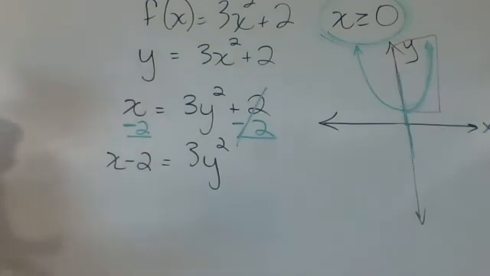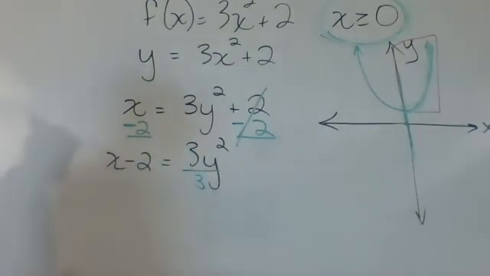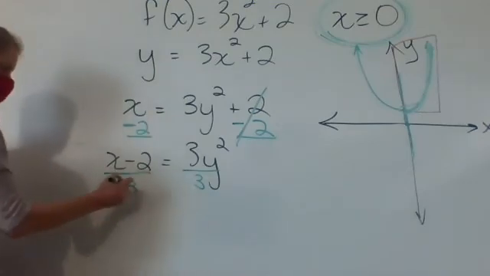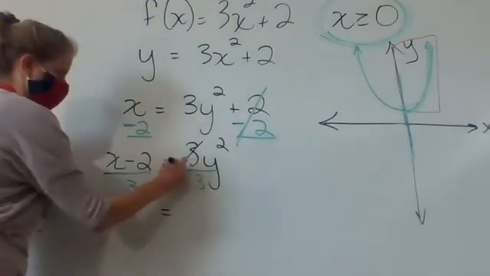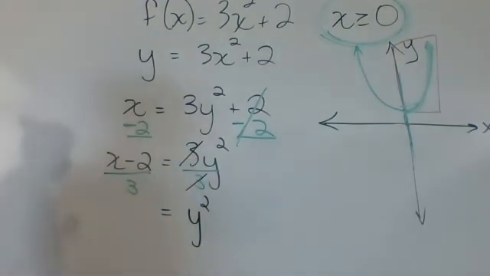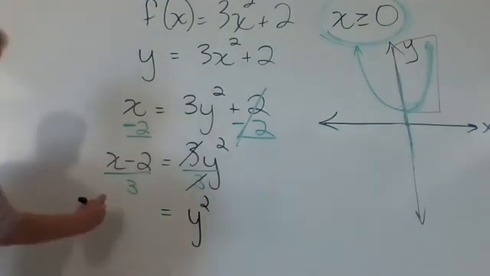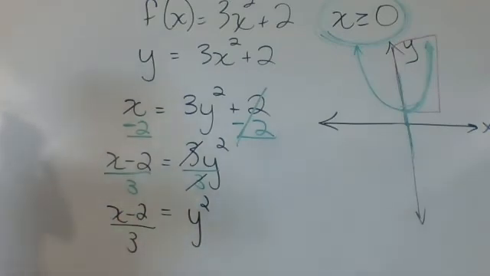So how do you get rid of hooked on numbers? Going to divide by it. So I still have y squared. Over here, I just have a weird looking fraction, x minus 2 over 3.